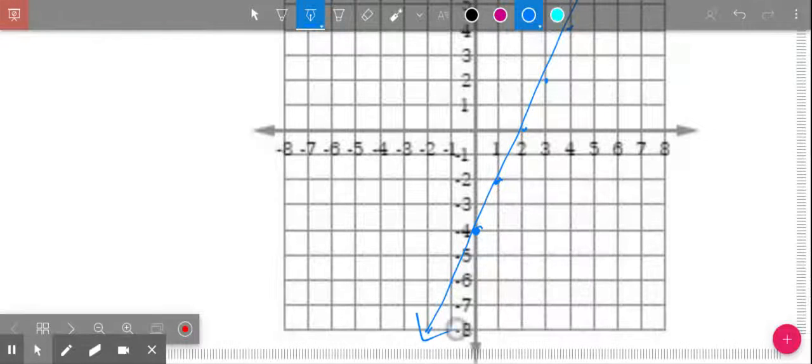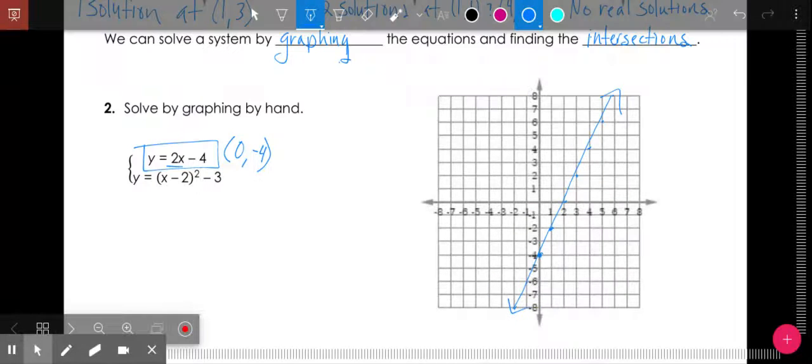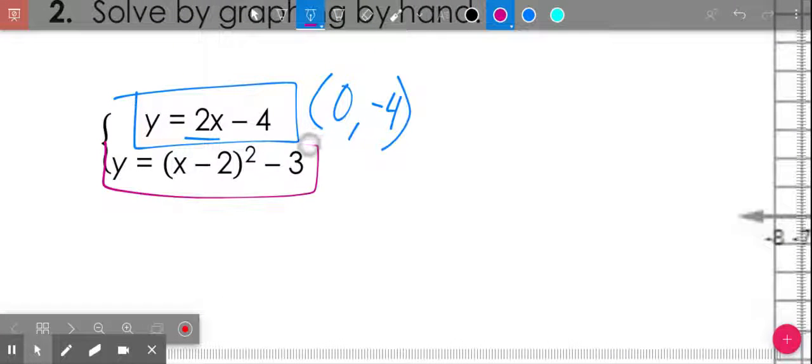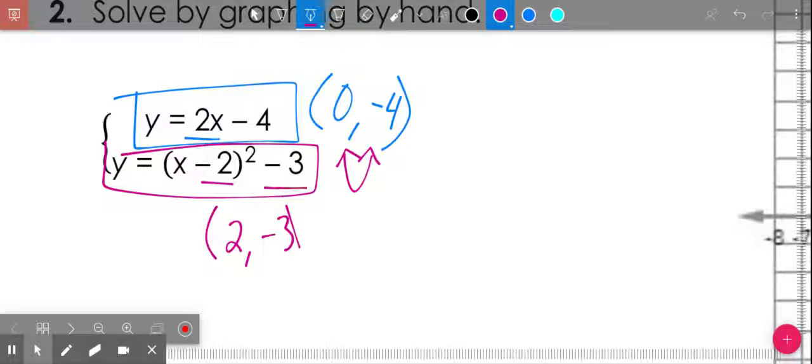All right, then moving on to our next equation, we have y equals (x minus 2) squared minus 3. Since we have that squared, this is our quadratic function, so we're going to have that parabola. My vertex is at 2, negative 3, because remember, h lies and k tells the truth.